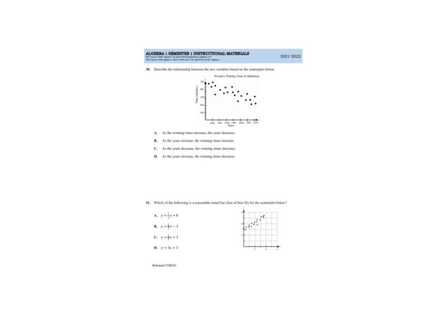We haven't dealt a lot with these scatter plots, but I think we'll be okay. Describe the relationship based on the scatter plot. Let's just look at this. It's going down. So it looks like as my years get more, my time seems to go down.